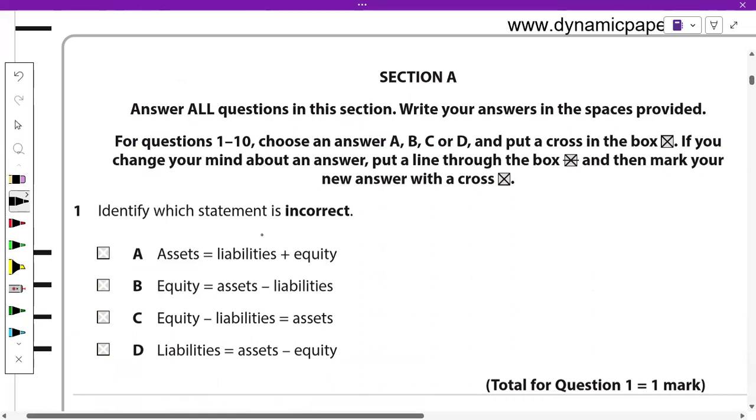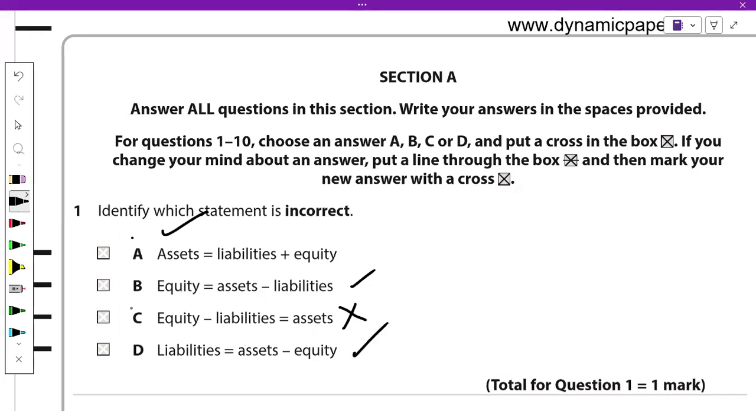This is very easy. Assets equal to liability plus equity is incorrect. Okay, this is the right option. Equity is equal to assets minus liability. This is also right. Equity minus liability is equal to assets, no, this is not right. Liability is equal to assets minus equity. This is also right. So it means the C option is the incorrect statement.